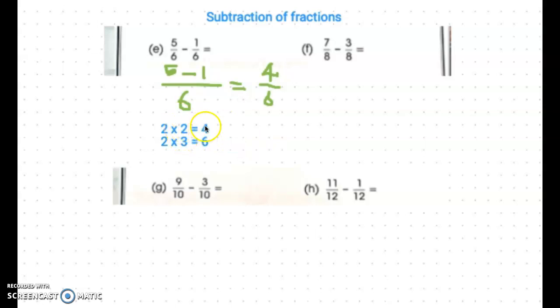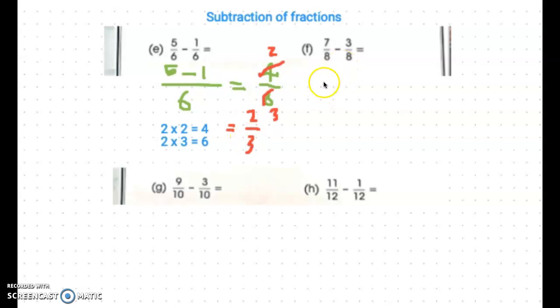Therefore instead of 4 and 6, I can cut 4 and write 2 here, and cut 6 and write 3 here. So my new fraction will be 2 over 3.